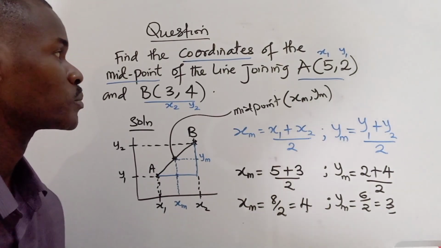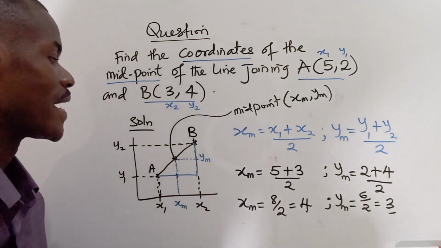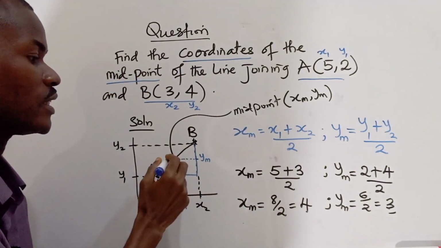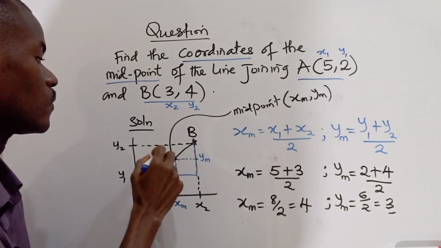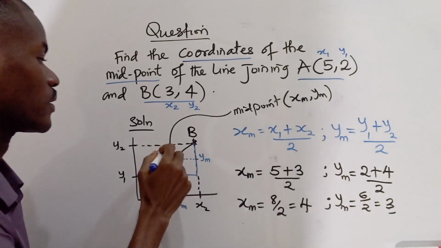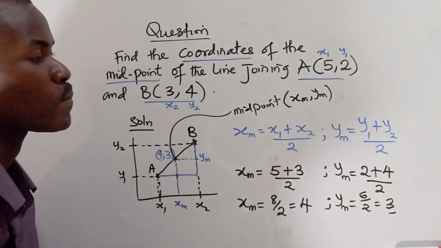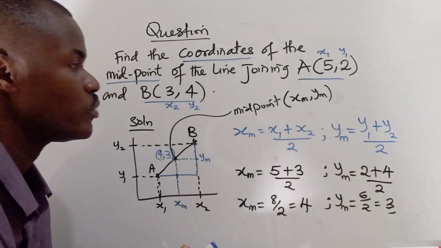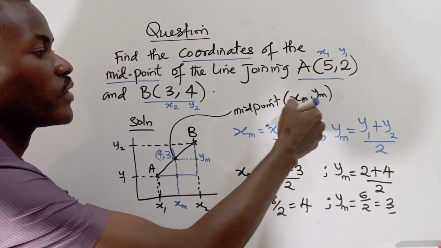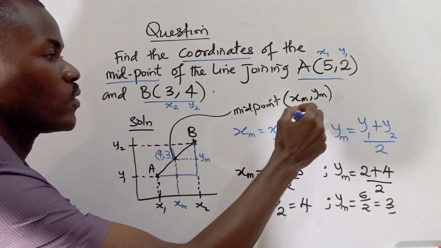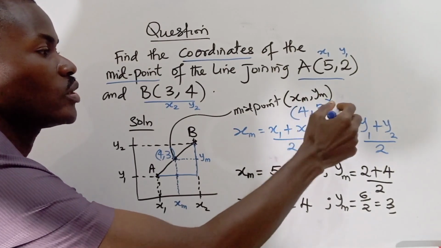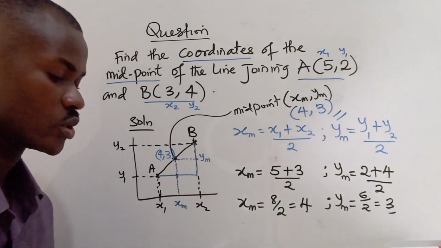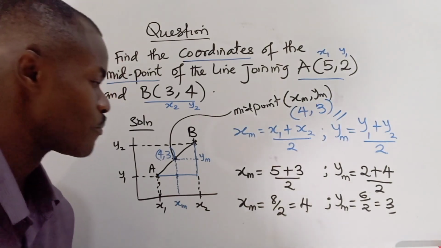So the midpoint of the line, this point, is 4 and 3. Our answer is: the midpoint xn is 4, and that of y is 3. So this gives us the solution to this simple problem.